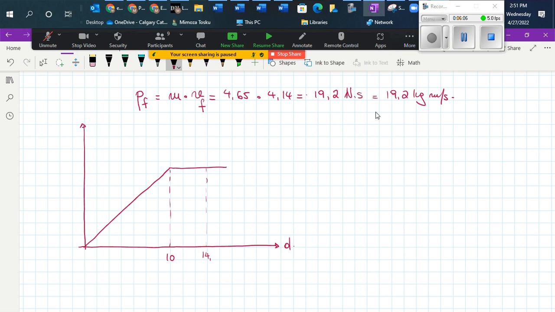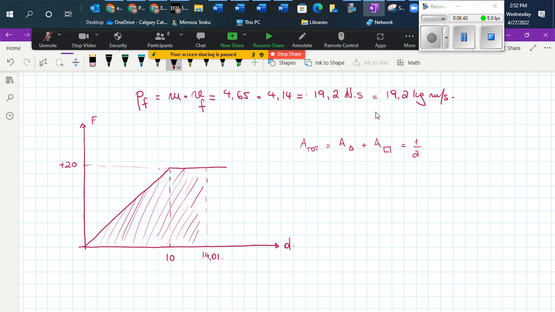Let's suppose that 14.01 meters is somewhere in here, and this is positive 20, this is force. So now the area from 0 to 14.01 is this shaded area here, which is the area of the triangle plus the area of the rectangle.